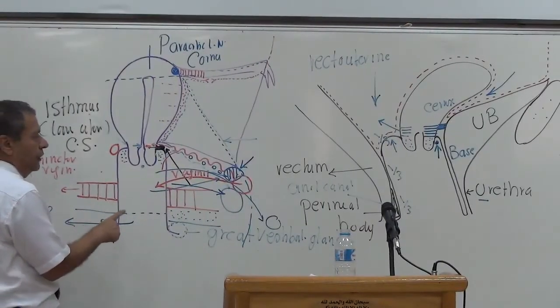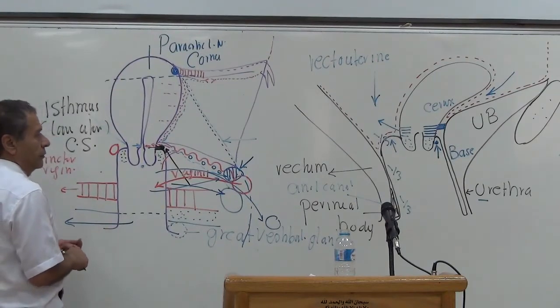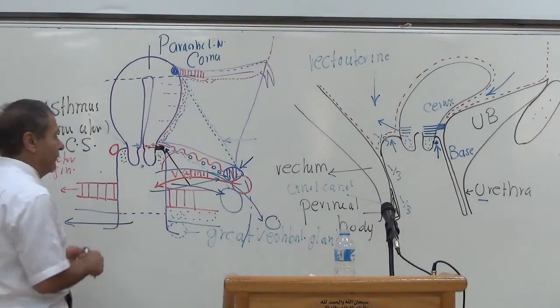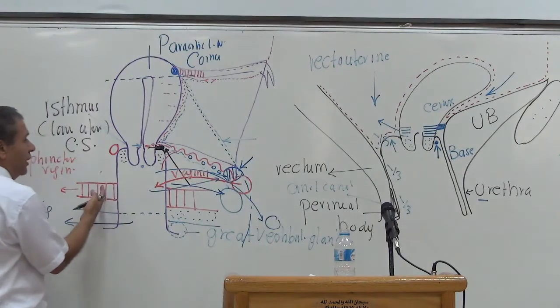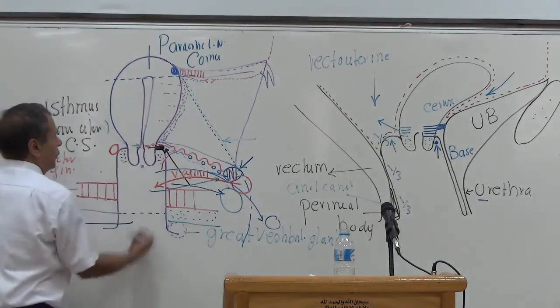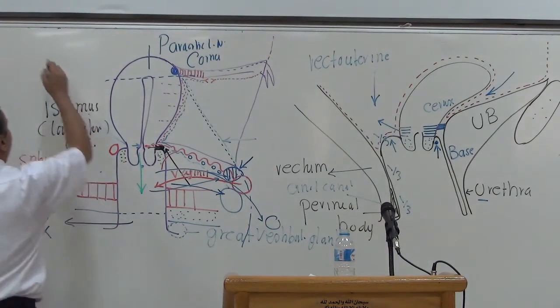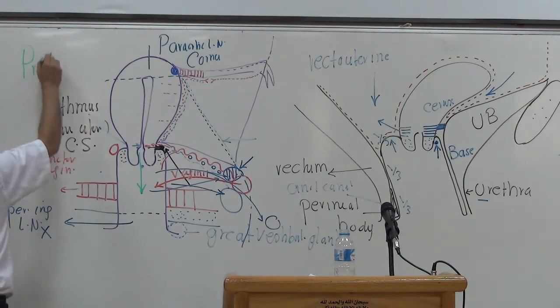pelvic floor, from difficult labor or trauma or using forceps during delivery, can damage this, or during aging. Aging also makes this muscle weak, so the uterus will pass downward to form what's called uterine prolapse.